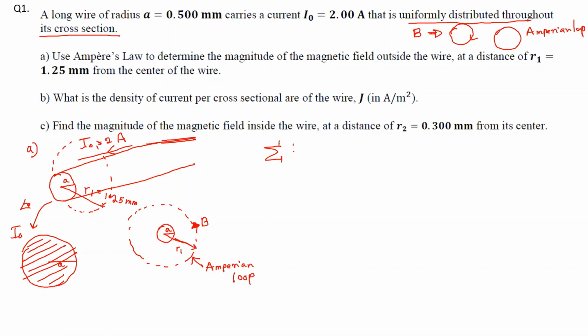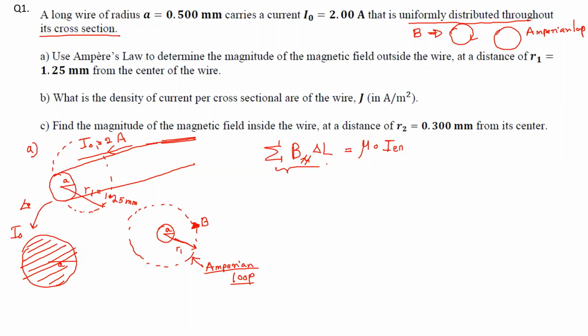First I'll write the equation: the integral of B parallel delta L is equal to mu naught I enclosed. Throughout the loop, the B field and the length element are parallel to each other, right? That is how we chose our Amperian loop; the loop and the B field go along the same circle.